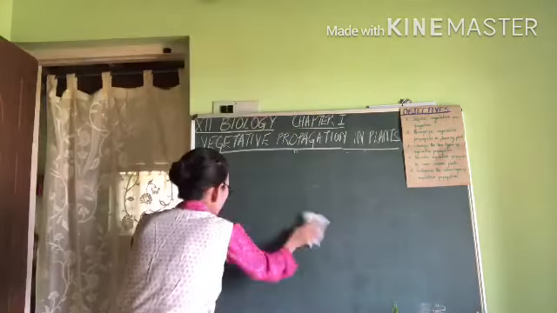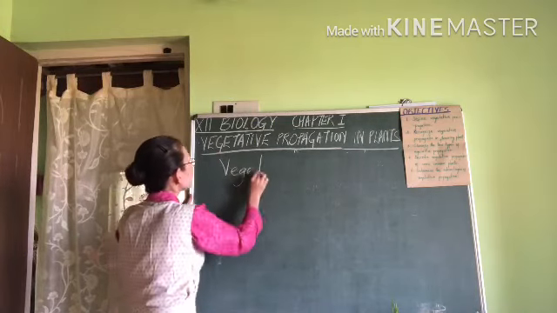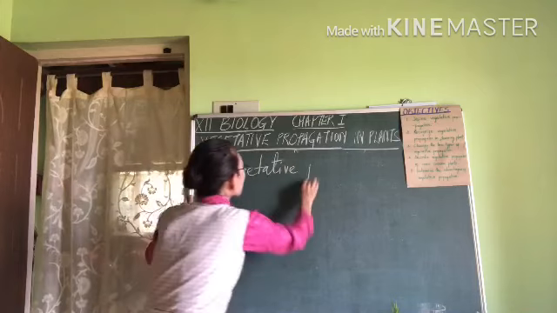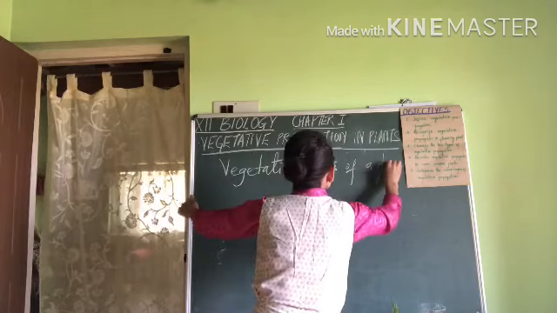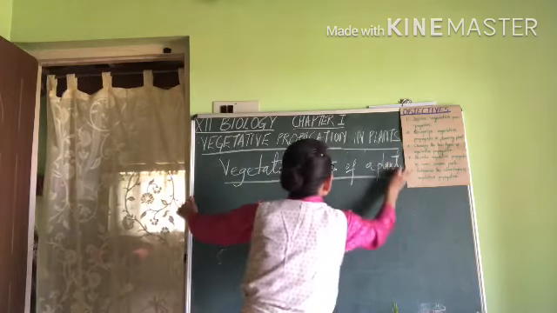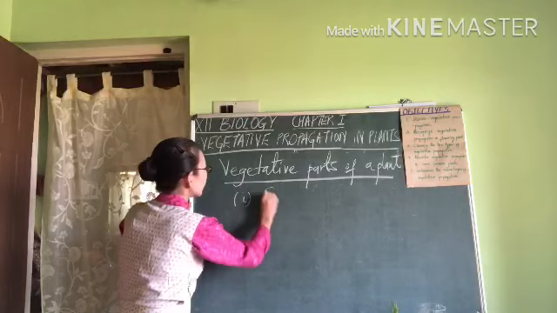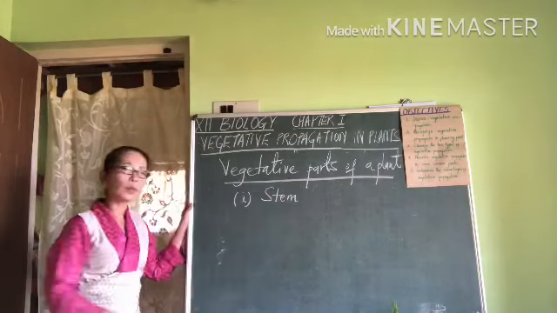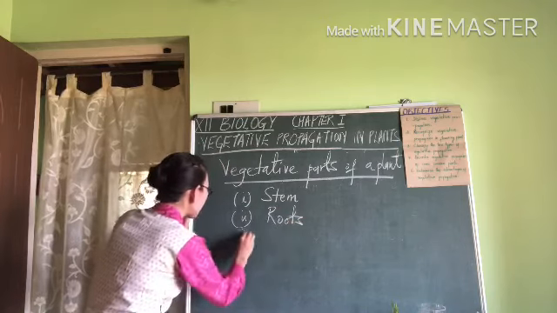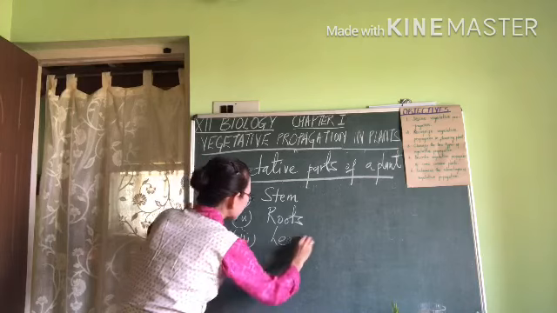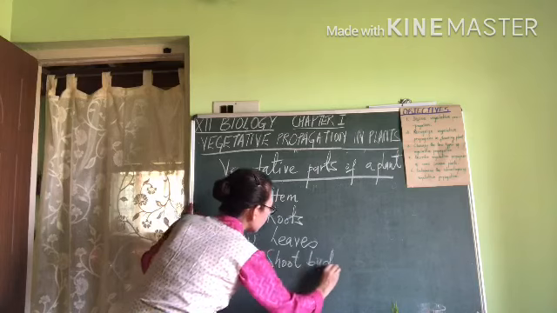Okay, are we all? So if we have to list the vegetative parts of a plant, it can be the stem, it can be roots, or it can be leaves, or it can also be buds, shoot buds.